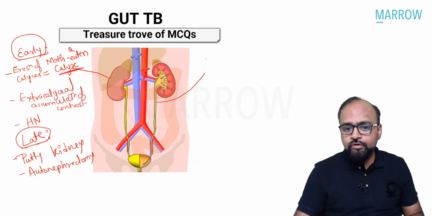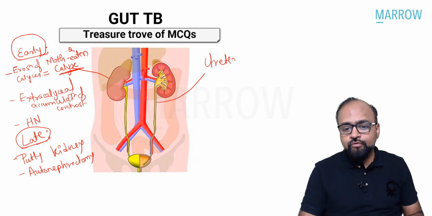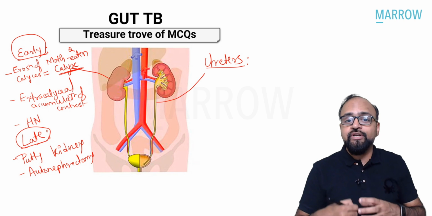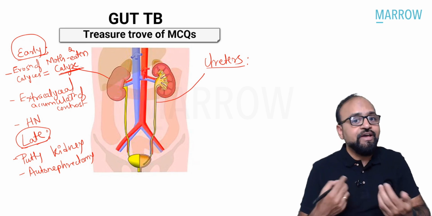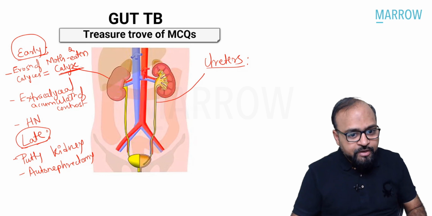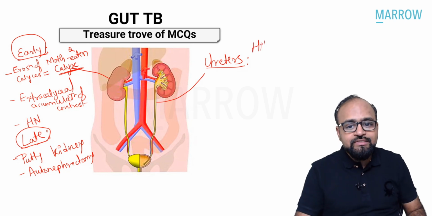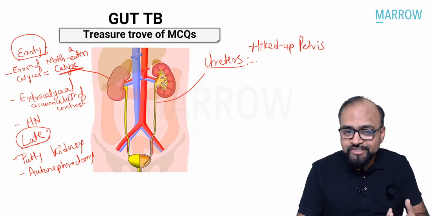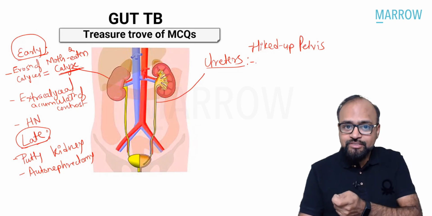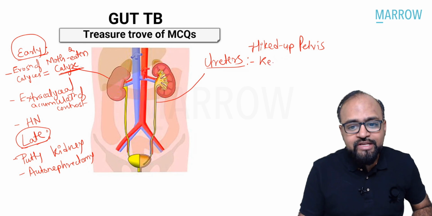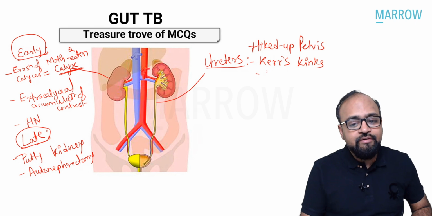Now let us see what will happen if the ureters are involved. Because of the long-standing inflammation, the ureteric walls get thickened and fibrosed. So the renal pelvis might be pulled up. That is what is called the hiked up pelvis. Because of the wall fibrosis, there might be kinks or twists within the ureter. This is what is called Kerr's kinks, or it can give rise to a corkscrew or kinked ureter.